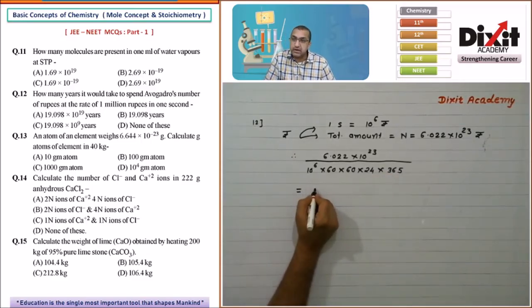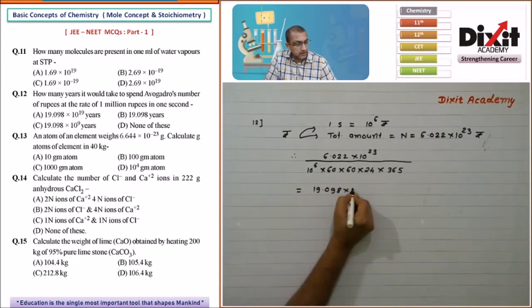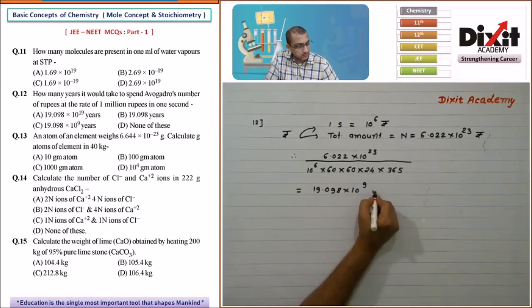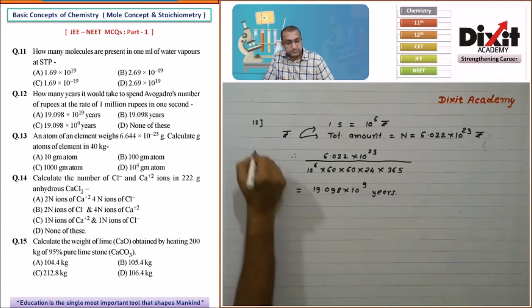So after simplifying, we are getting the answer 19.098 into 10 raised to 9 years. So option is C.